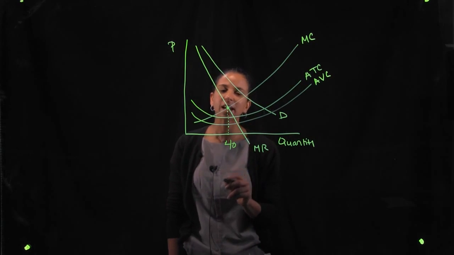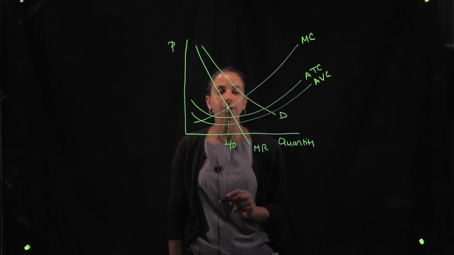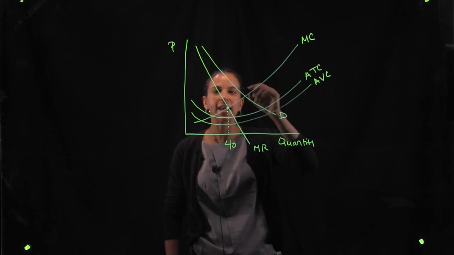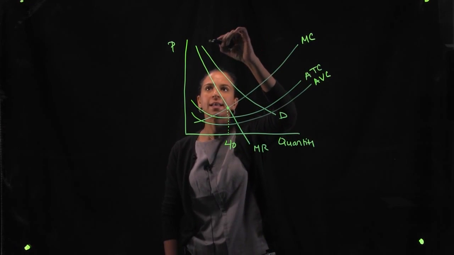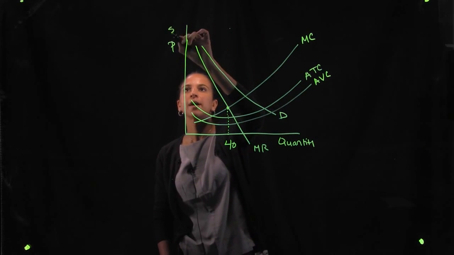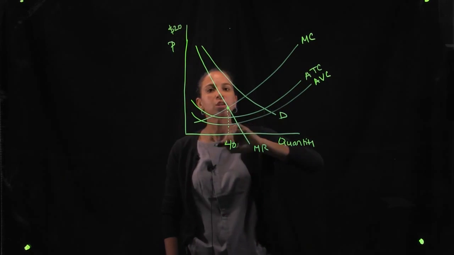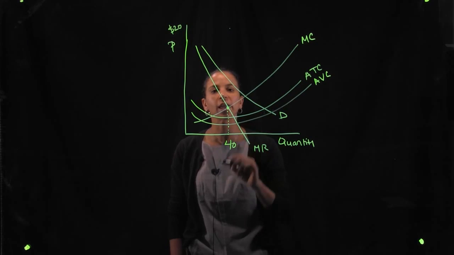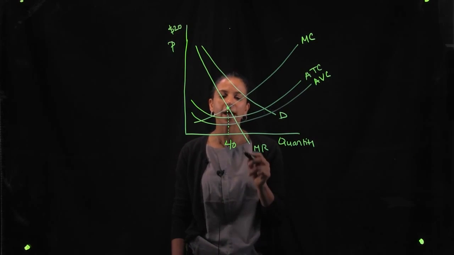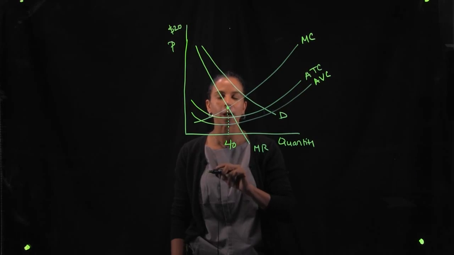Now, the monopolist cannot charge as much as it wants to. The reason is that it still faces a downward sloping demand, which means no one is going to pay, for example, $20 for a cupcake. This is true for a monopolistic competitive firm as well as for an oligopoly.